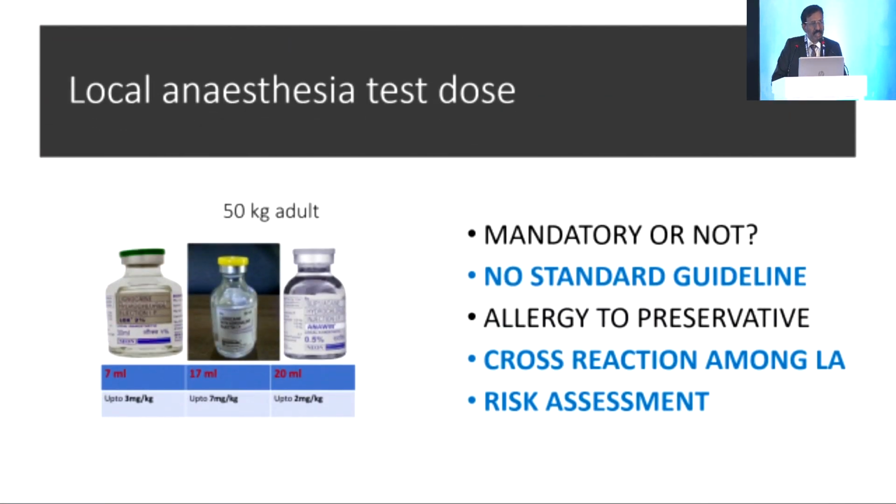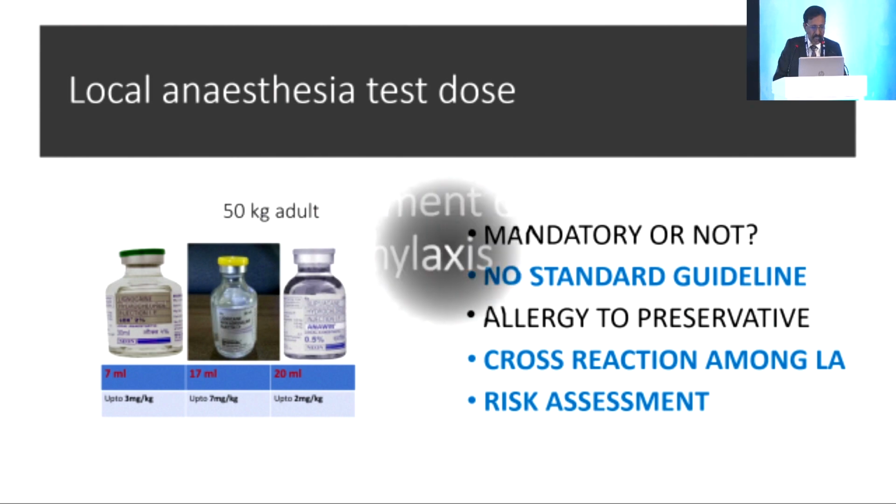There is a dilemma whether to give a local anesthesia test dose or not, whether it's mandatory or not. There are no standard guidelines, but if you are exposing the patient to a large dose of injection, it is better to do a test dose, and also ask for allergy to preservatives, because there is cross reaction among the local anesthetics. So you have to do a risk assessment, whether you are going to use lignocaine or sensorcaine.